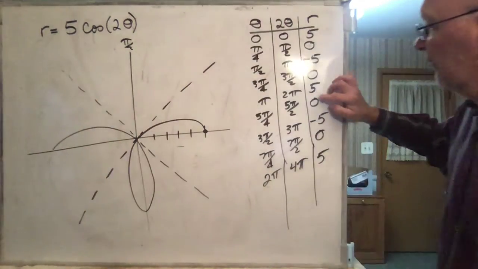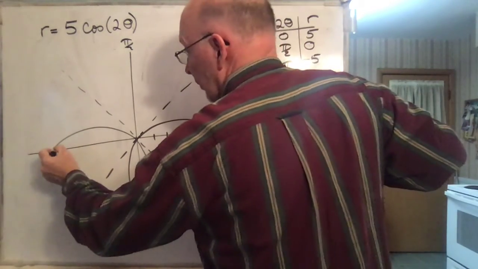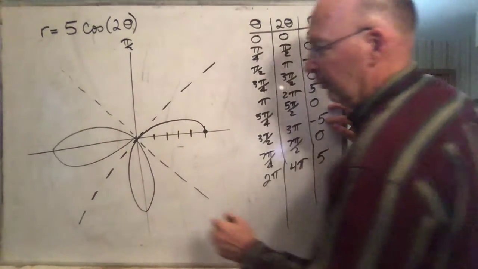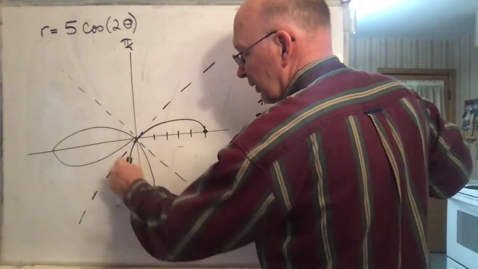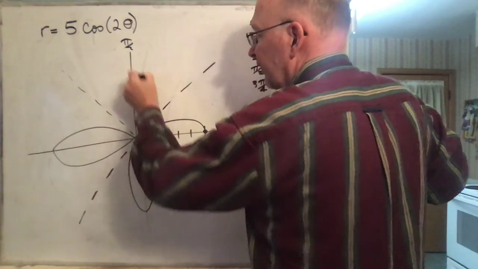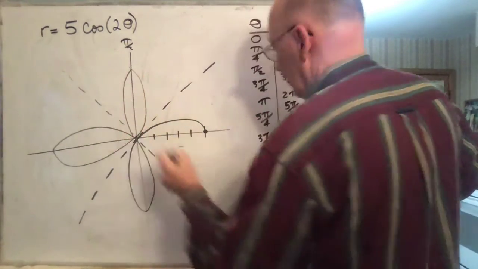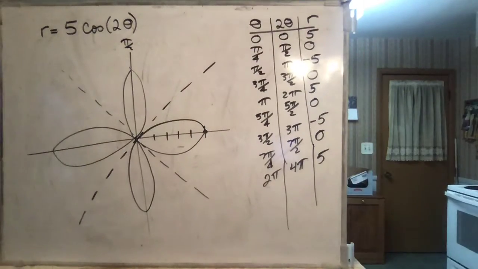That goes in the direction of 5. By the time you get to 5 pi over 4, it goes back to 0. By the time you get to 3 pi over 2, it's gone to -5 again, and then back to 0 again, and then finally, let you finish it off, it looks like that.